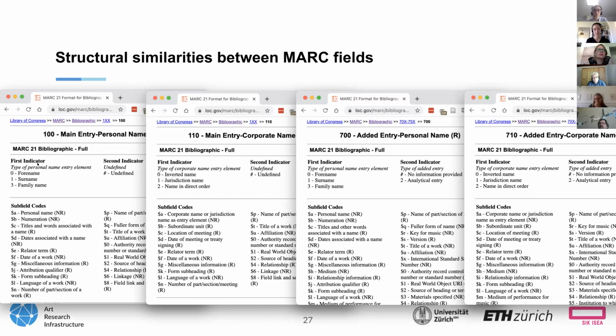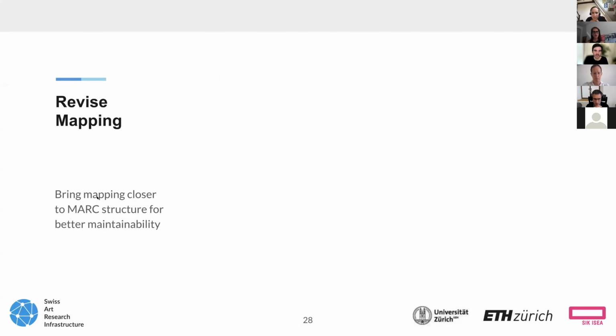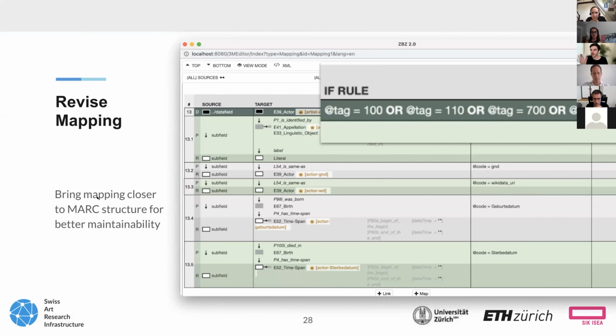And these fields are structurally similar. So we have, for example, subfield A, which is the name, whether it's the personal or corporate name, and so on. So this is what we can use to organize our mapping closer to the MARC structure.